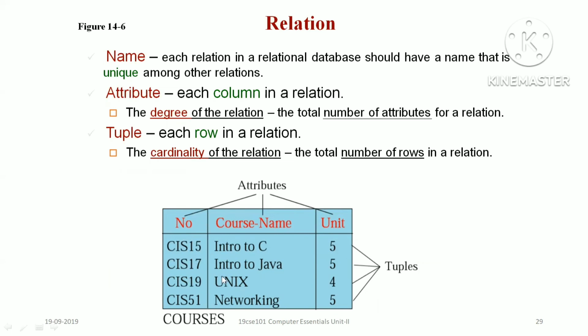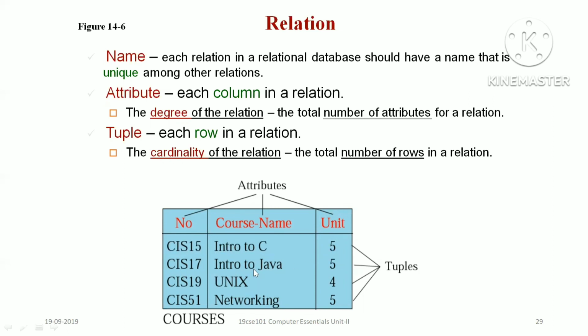And we call the row a tuple and the column an attribute. The total number of rows in a relation is called the cardinality of the relation. What is it called? Cardinality of the relation. These are the rows. CIS 15, Introduction to C, unit 5.